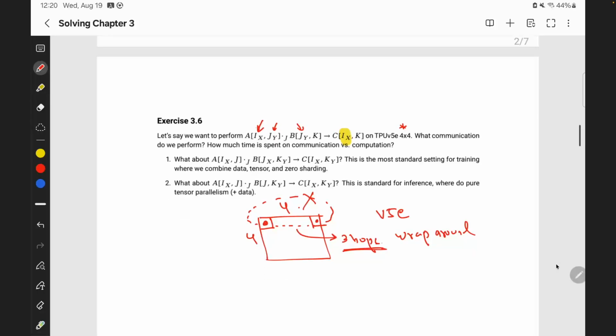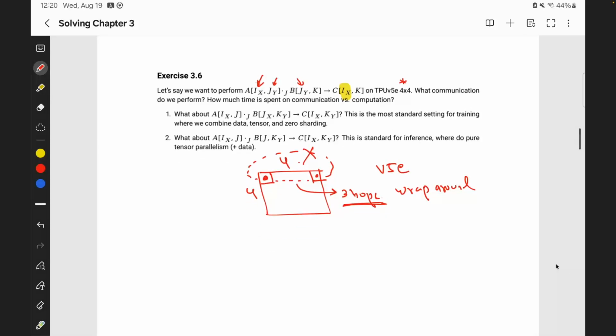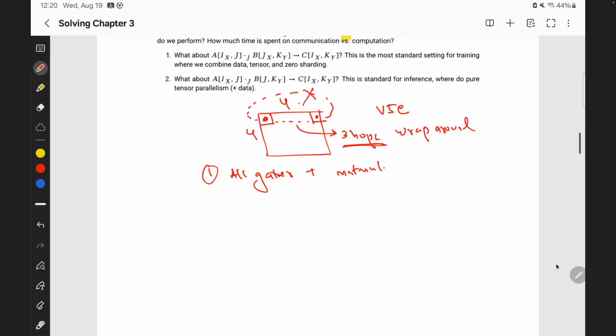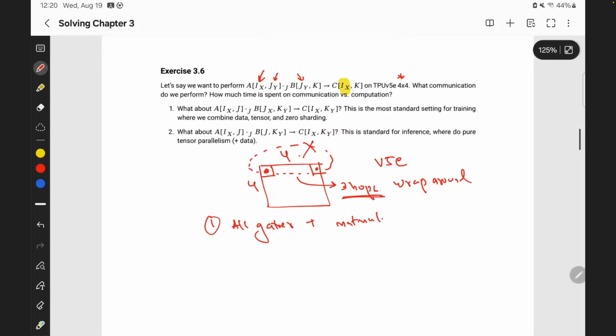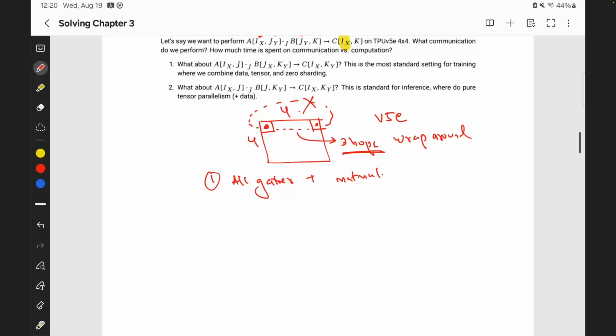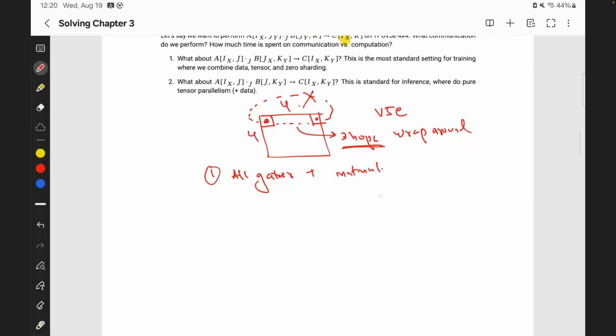So the first method that we are going to do is all gather and then matmul. So here we are going to all gather on the z axis, and then we are going to do our matrix multiplication on each TPU.